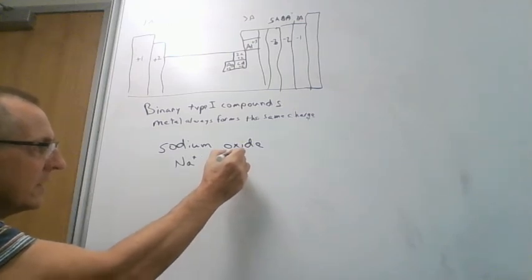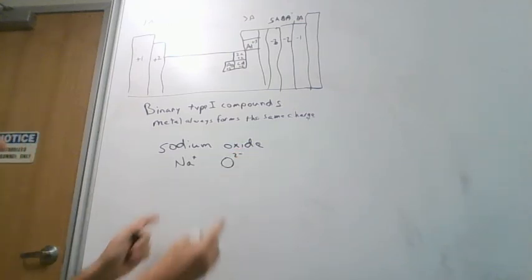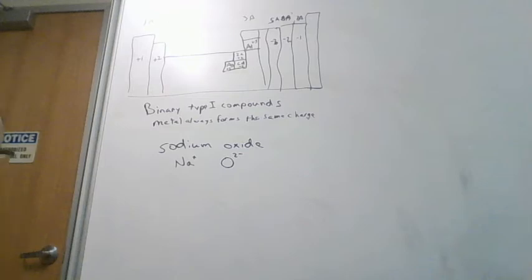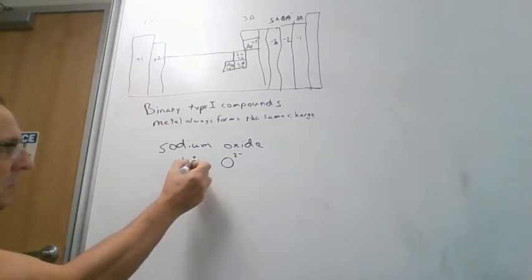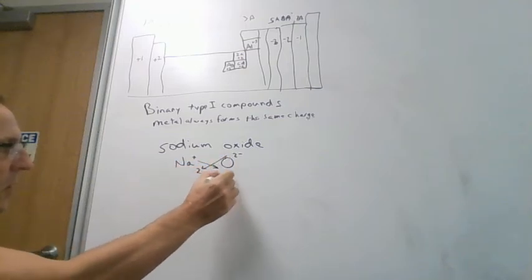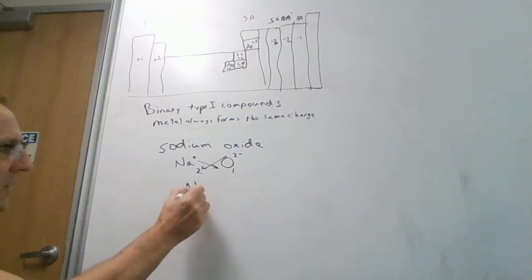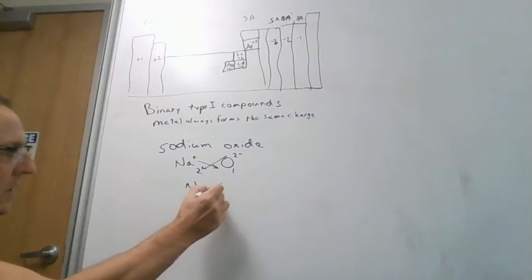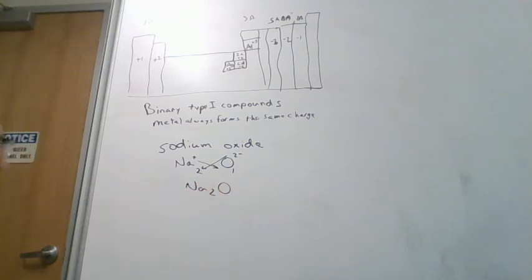Those cannot go together 1 to 1, or you wouldn't have a neutral compound, you would have a -1 charge. So we can use this little cross multiplying trick: we need 1 of these and 2 of these, and they go together as Na2O. That would be sodium oxide.